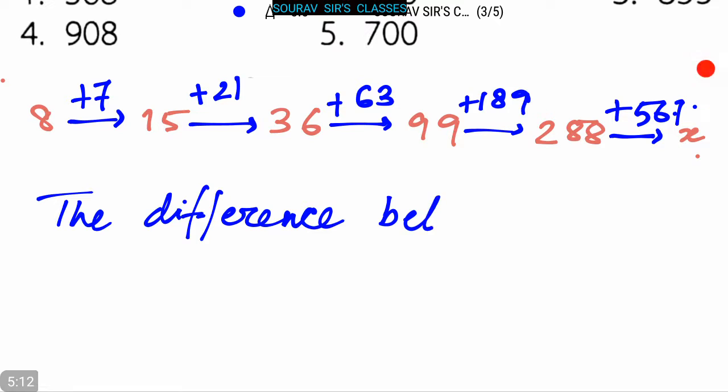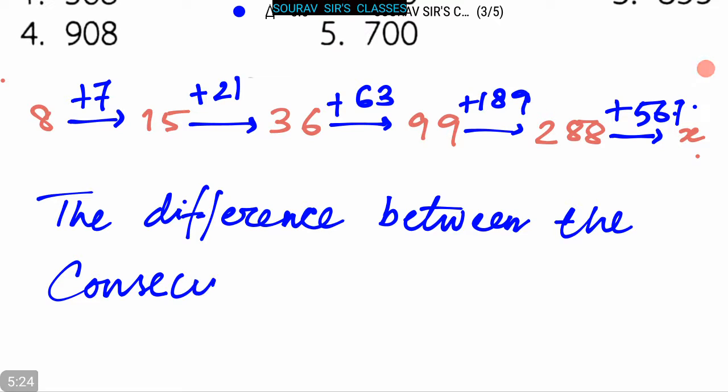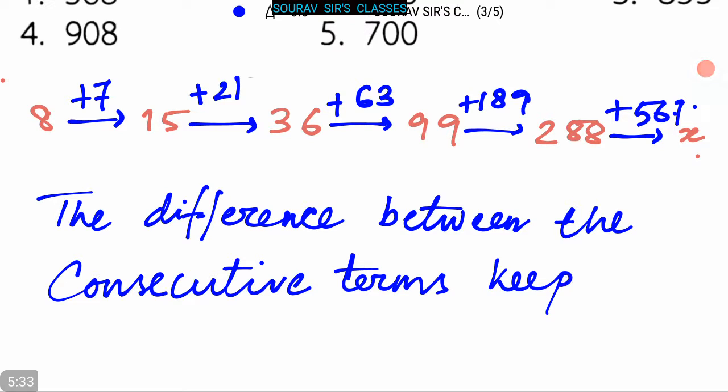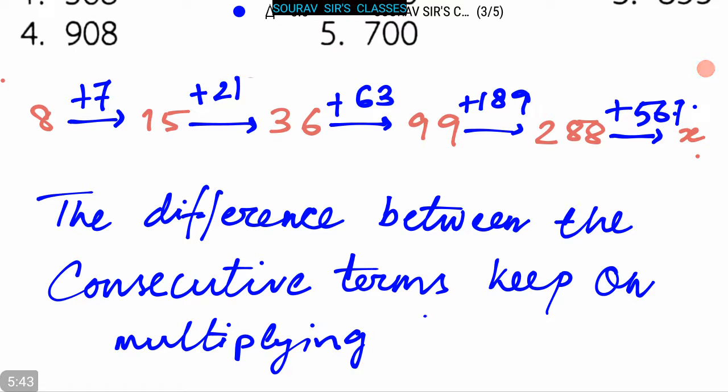So the difference between the consecutive terms keeps on multiplying by 3.